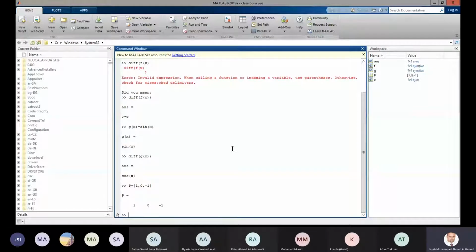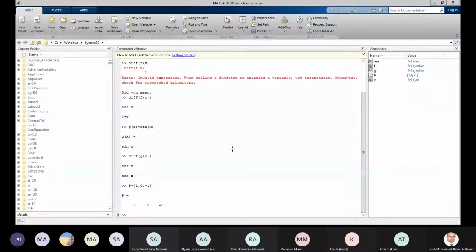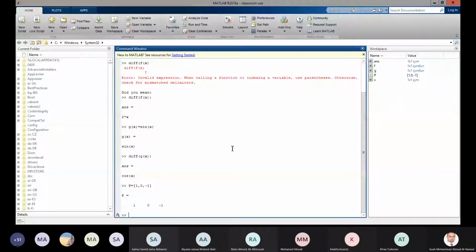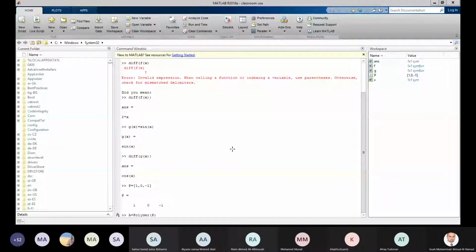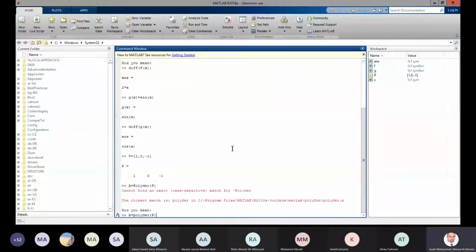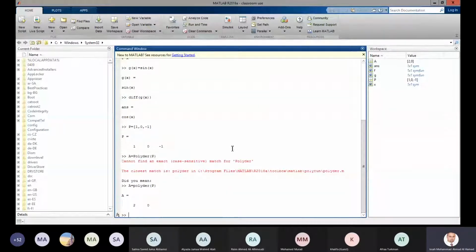Now you can use a function called polyder. So for example, a equals polyder of p. So now you have the first derivative as a equals 2 and 0.